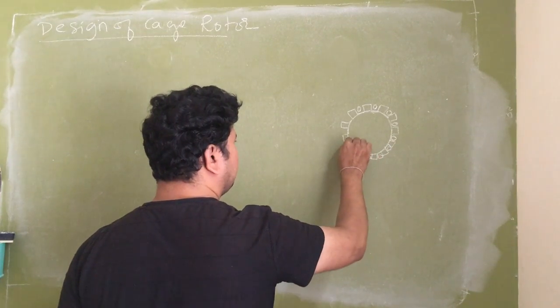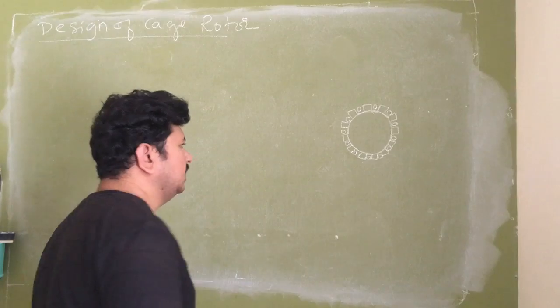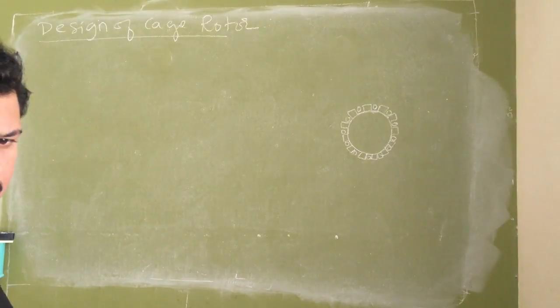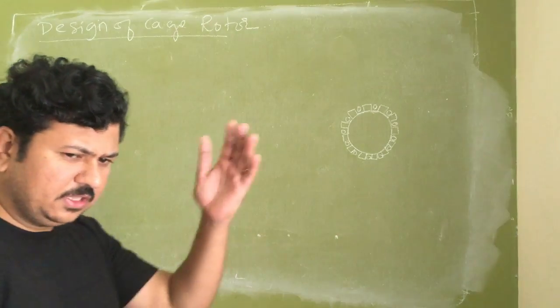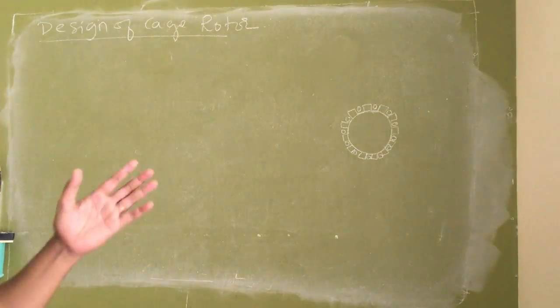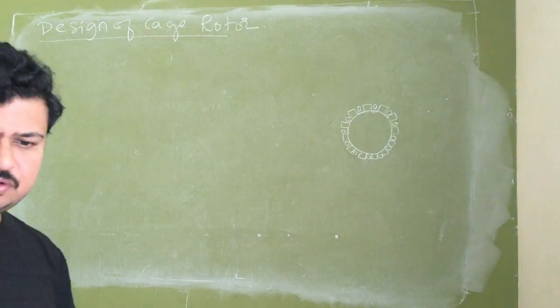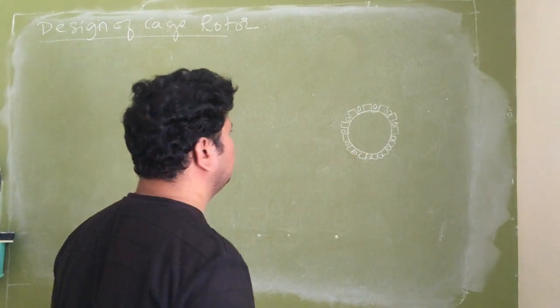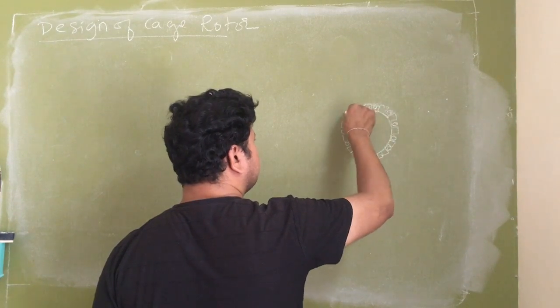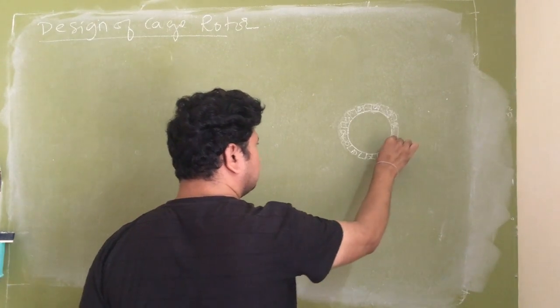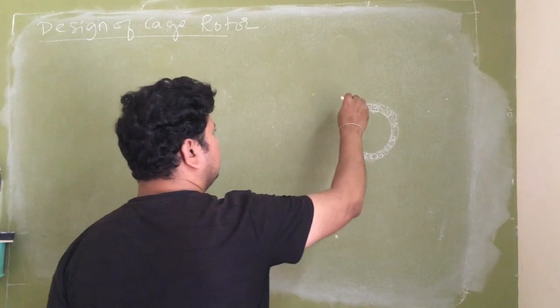We don't have winding here. The bars are brazed with an end ring on both ends. If you take the cross section, we can't see the rotor bars, we will see the end ring actually, but I have taken the rotor bar here. If you want, you can show an end ring with some shade here. This is an end ring.